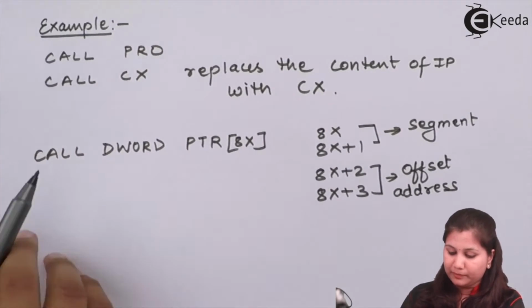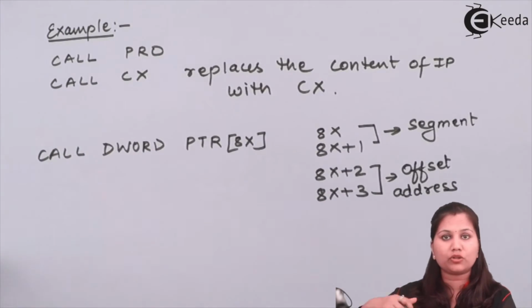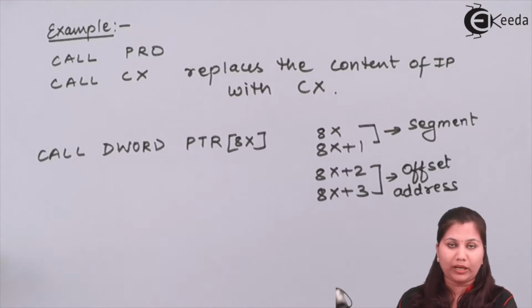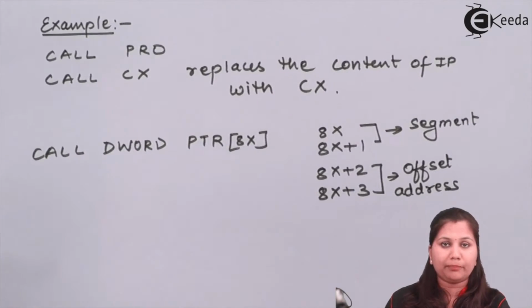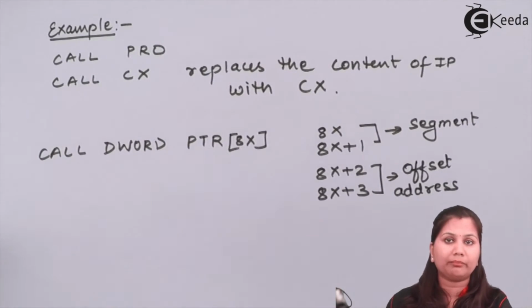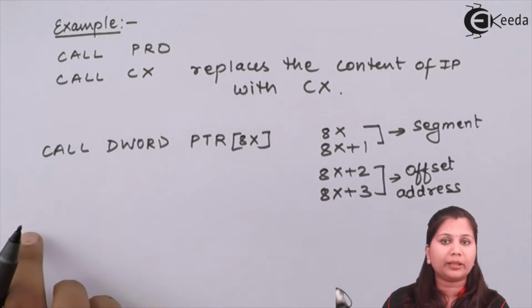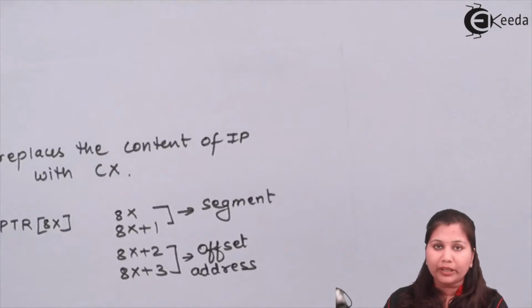Now when the microprocessor jumps to the memory location where the subprogram is written, after executing the instructions in the subprogram it has to return to the main program to execute the remaining instructions. So at the end of the subprogram, another instruction is written, which is called the return instruction.